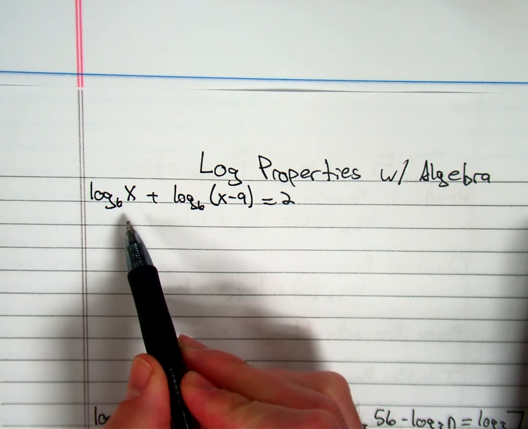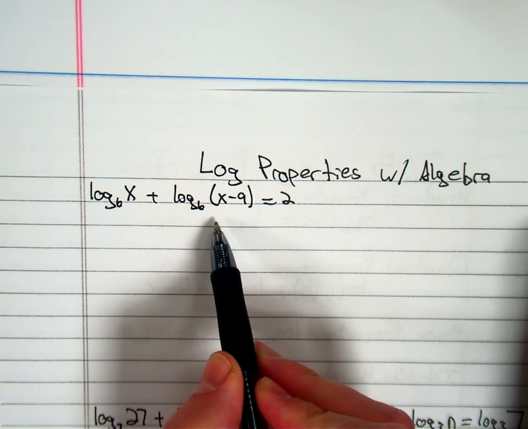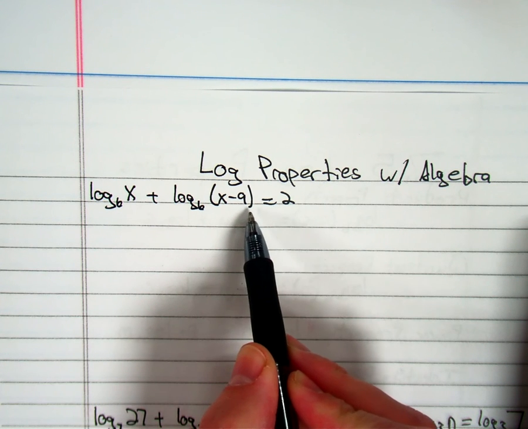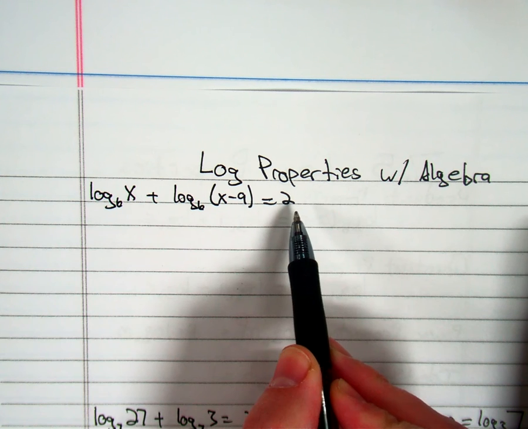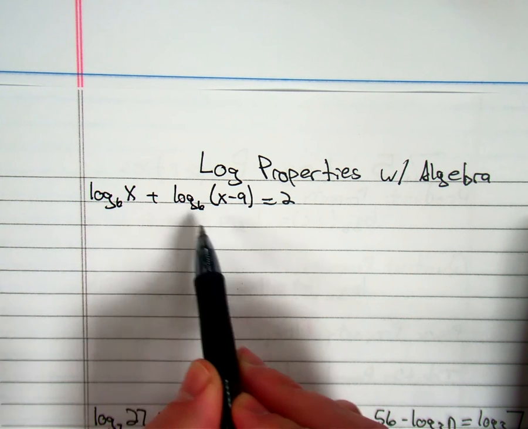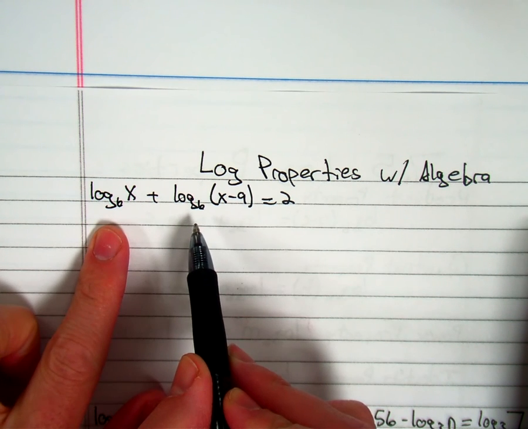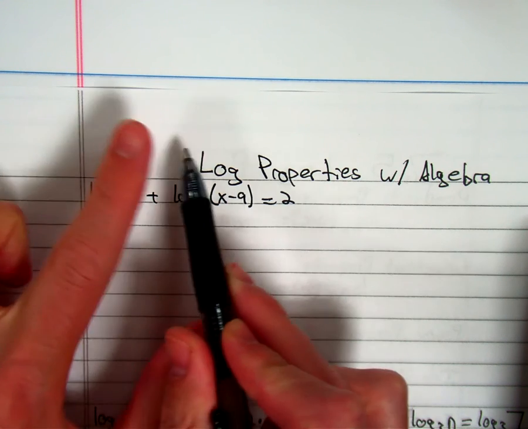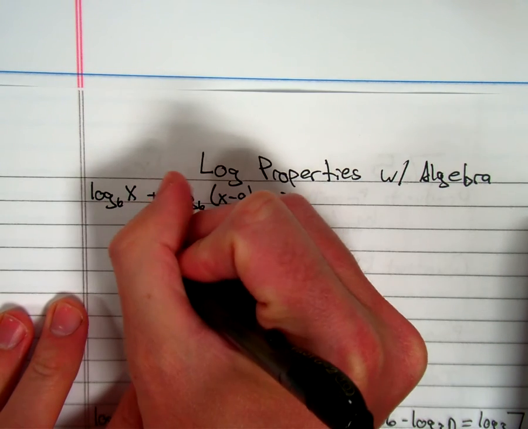So log base 6 of x plus log base 6 of x minus 9 equals 2. All right, so we're putting things back together. If this is a plus, and these are both the same logs, what can I put them back together as? A multiplication.